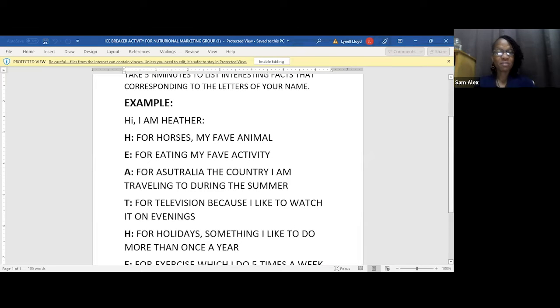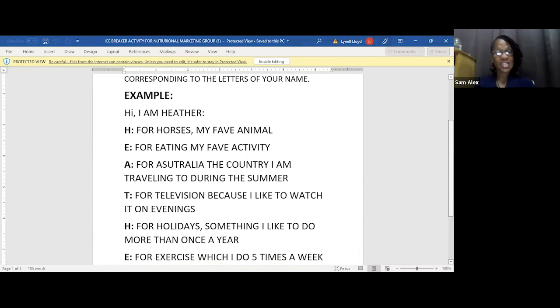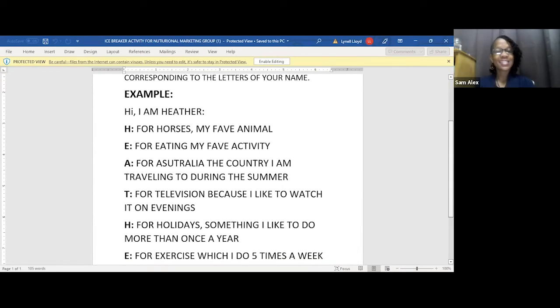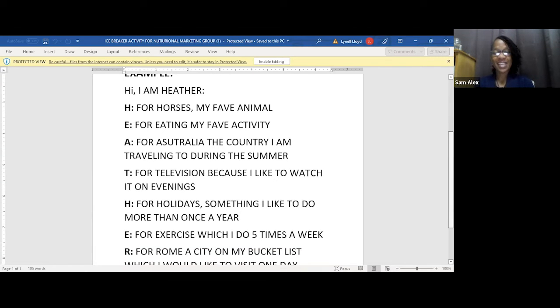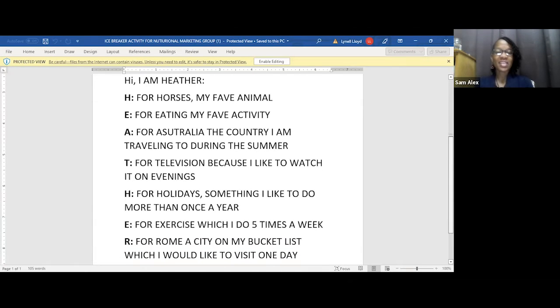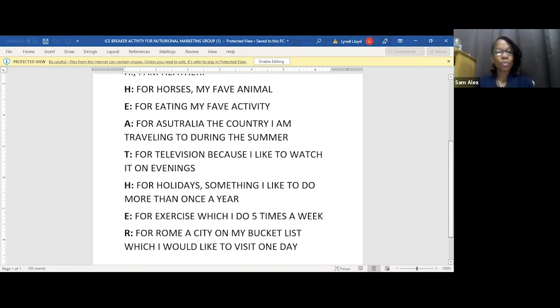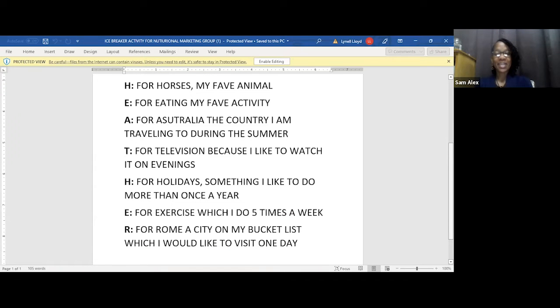T is for television because I like to watch it on evenings. H is for holidays, something I like to do more than once a year. E is for exercise, which I do 5 times a week. And R is for Rome, a city on my bucket list, which I would like to visit one day. So as you can see, we've learned a lot about Heather by reading her interpretations of the acronyms, that is the interpretation of the letters in her name, her first name.